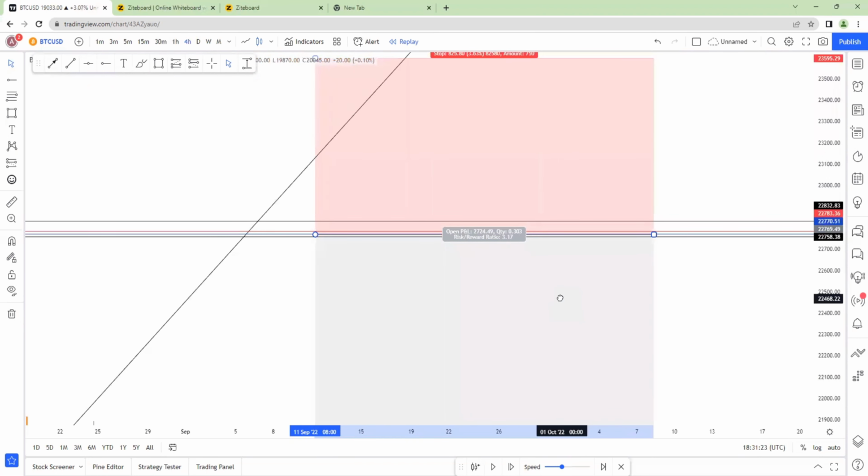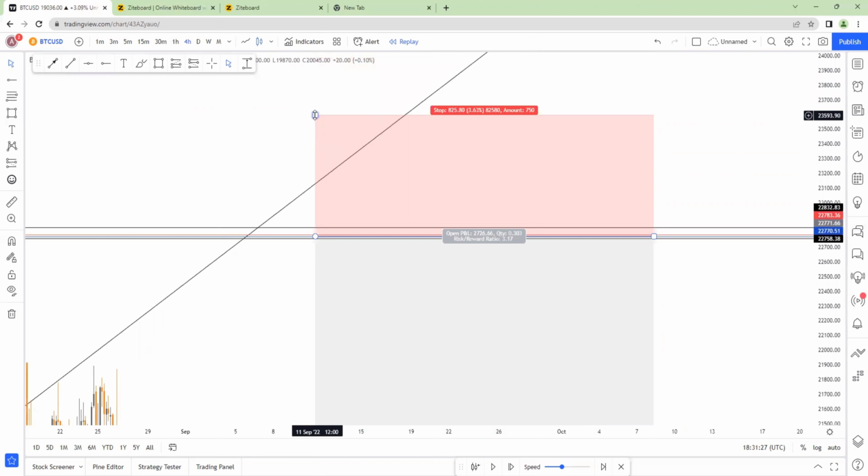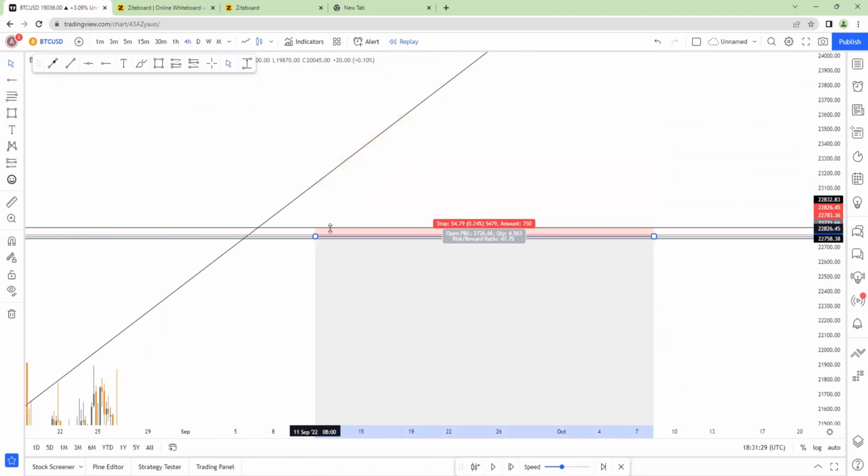Okay, here becomes our entry point. The stop loss is very tight. Let me adjust up to maybe here, maybe very tight for you.